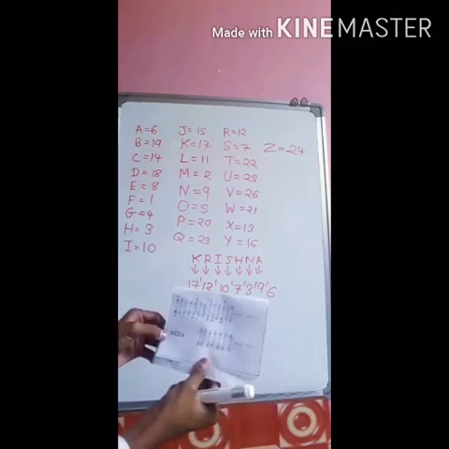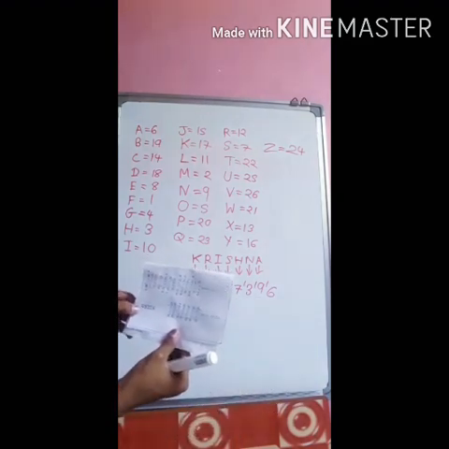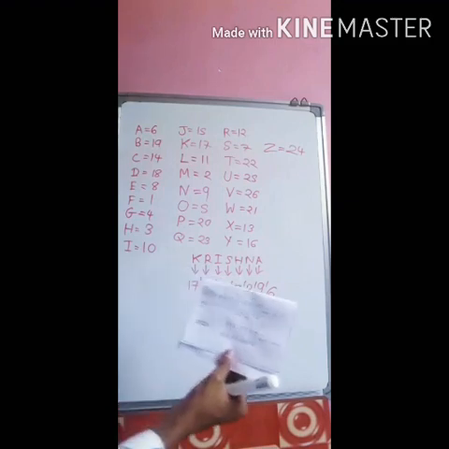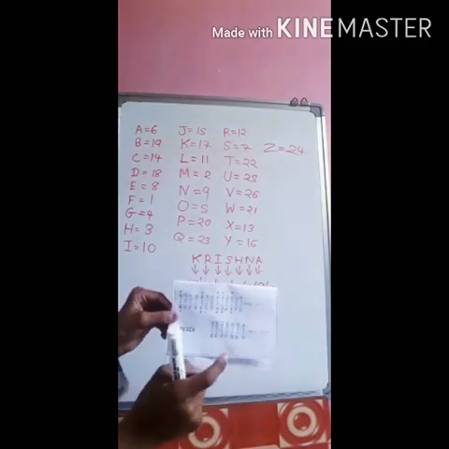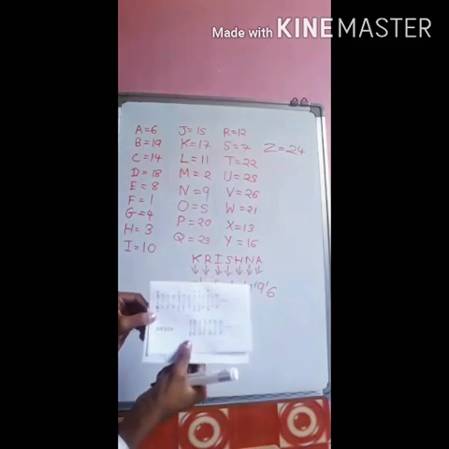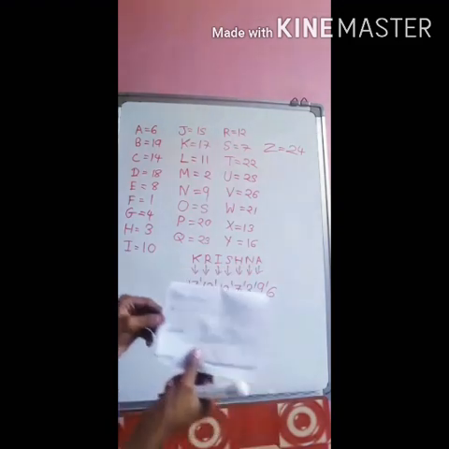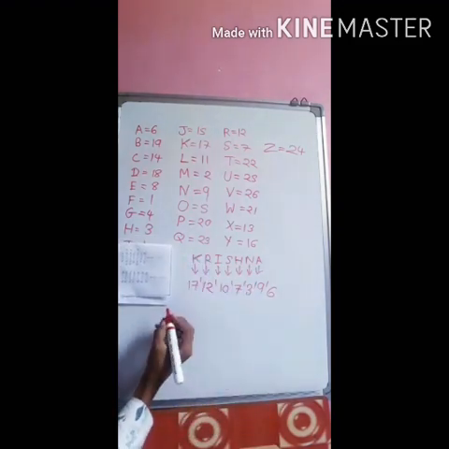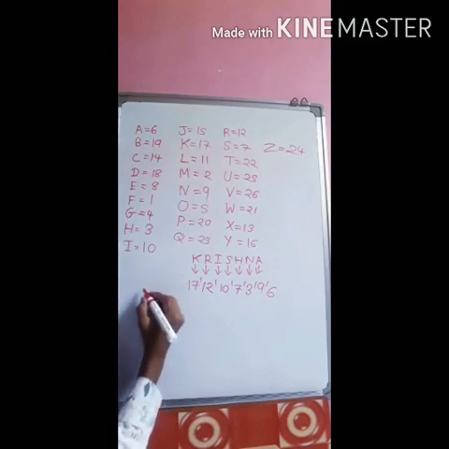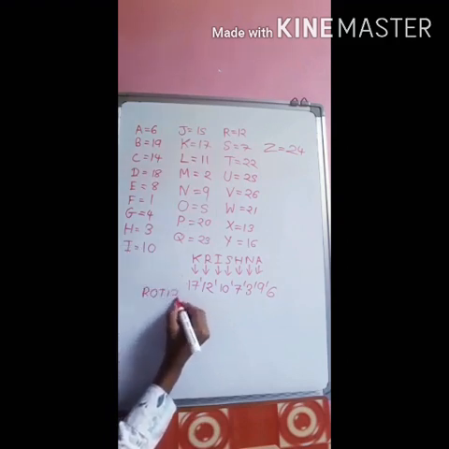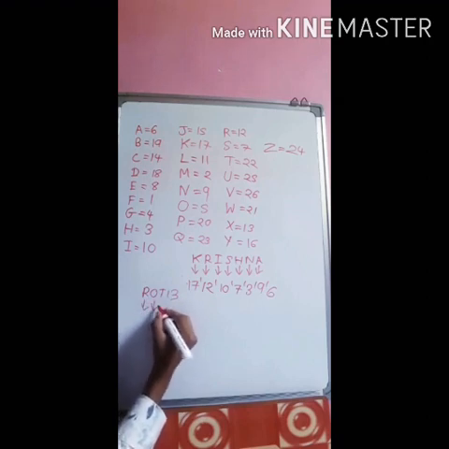Now we will write the word ROT13 in code language. Before this, as I have shown you, the word Keval was there. Now I will show you ROT13, R-O-T, then 13. Now we will make all the arrows.